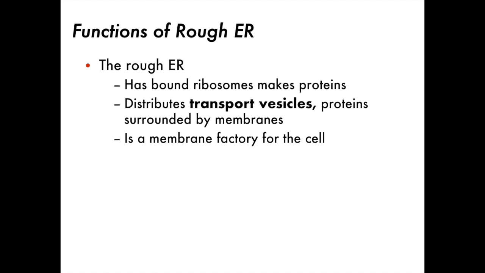Transport vesicles are little bubbles of membrane that have these proteins in them, getting their final gussying up before they get shipped out of the cell. If a protein needs a heme group, like in hemoglobin, or the quaternary structure needs to be folded a certain way, that all happens in the rough ER.